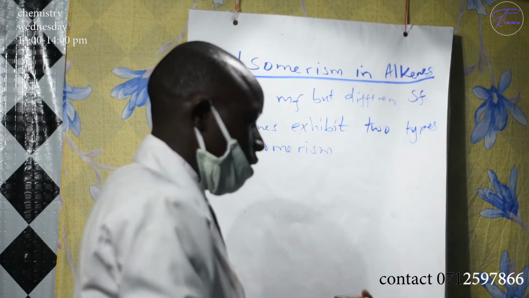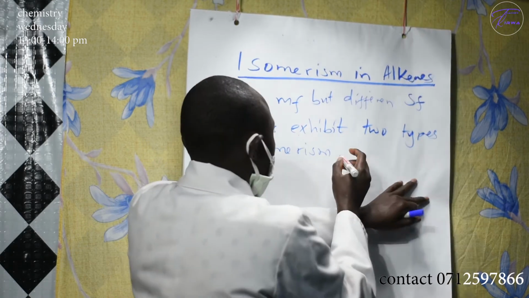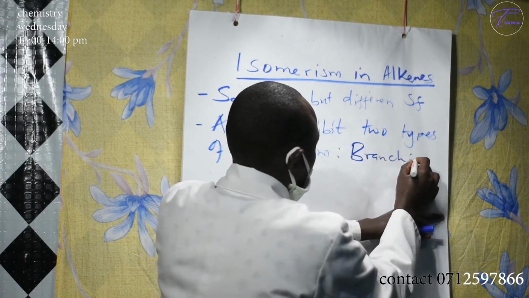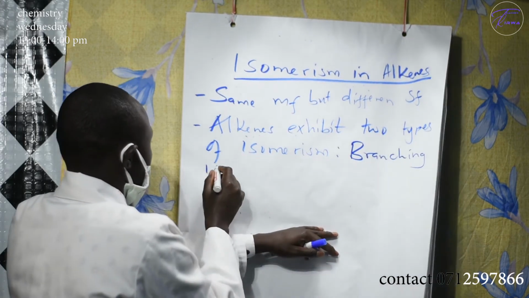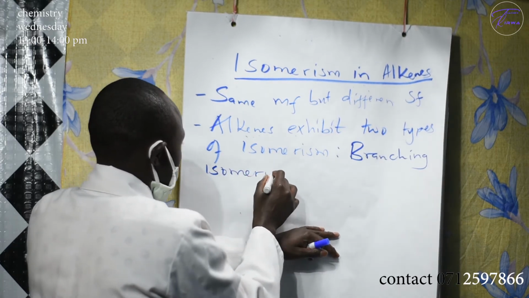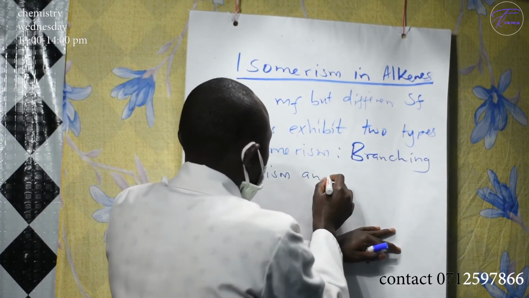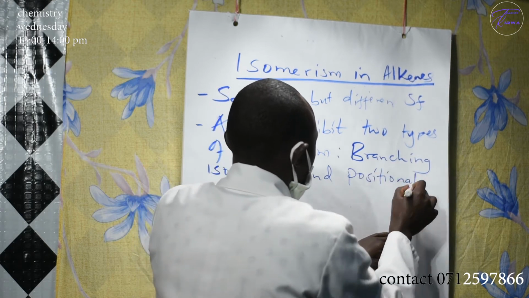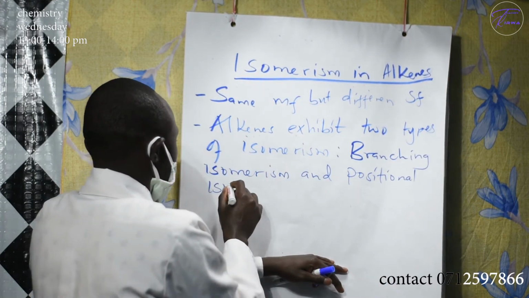Alkenes exhibit two types of isomerism, that is branching isomerism and positional isomerism.